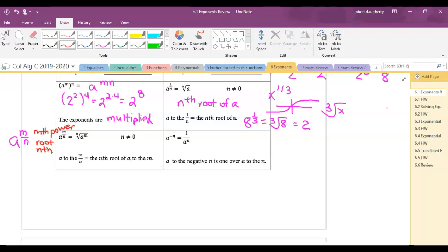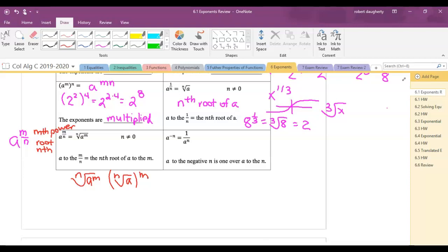You can write this as the nth root of a to the m, or the nth root of a raised to the m. It doesn't matter, either of those expressions works, but the bottom of that fraction is the root, and the top of that fraction is my exponent.